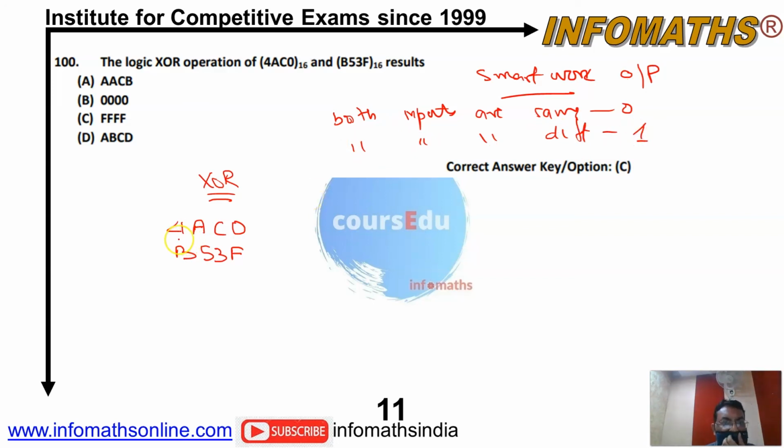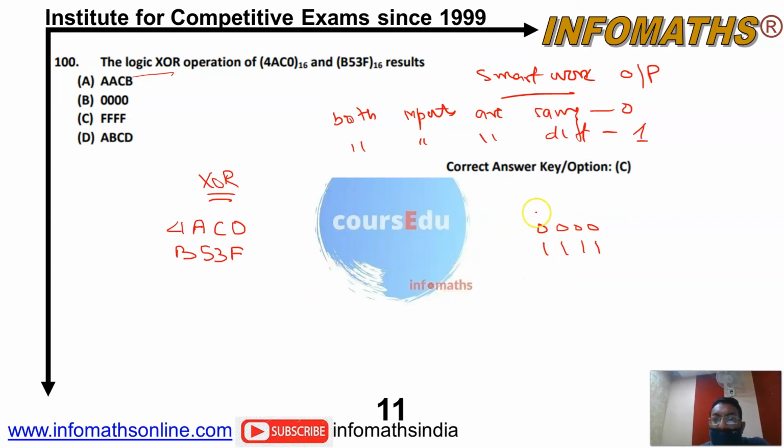Now these numbers are in hexadecimal. First of all, we have to convert this into binary because these logic gates are applied on individual bits. Just see how the smart work can be done. The last digit is 0 and F, so because this is hexadecimal, we write its 4-bit equivalent in binary. 0 will be four zeros, and F will be 1 1 1 1.